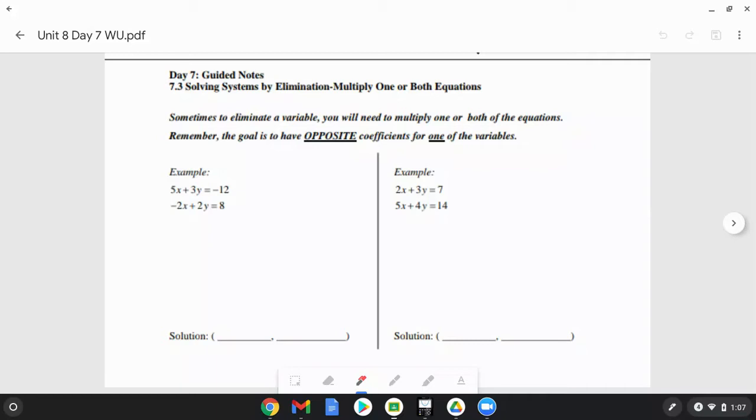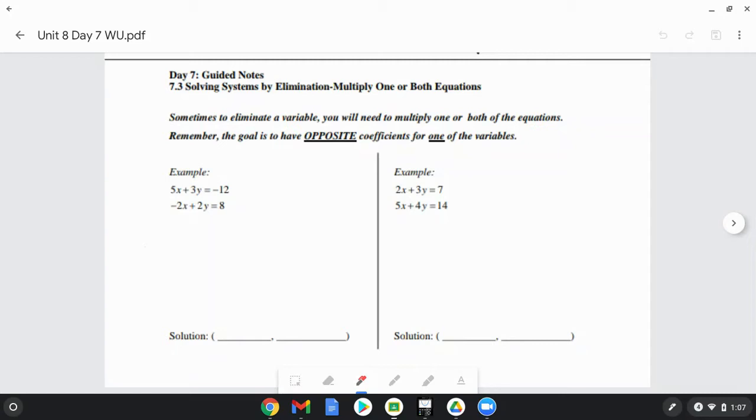If we take a look at this first example, up top, it first says sometimes to eliminate a variable, you'll need to multiply one or both. Remember, the goal is to have opposite coefficients for at least one of the variables. When we look at this first example on the left, my x's or y's can be chosen to eliminate if we have to multiply both.